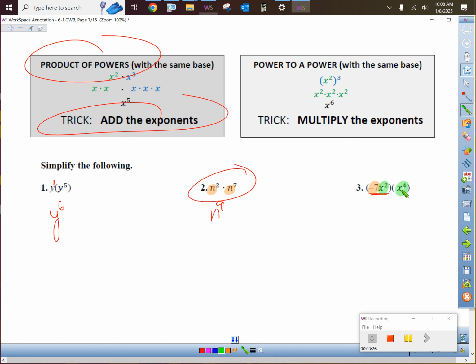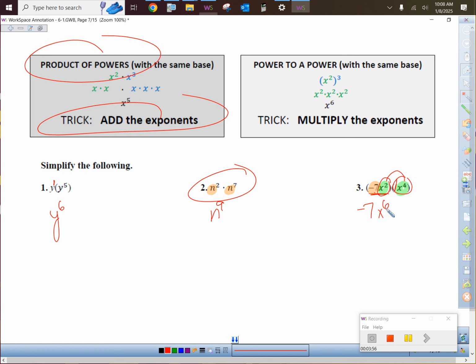So we're going to deal with the numbers first, then the x's next, then the y's and the z's and whatever letters, one at a time. So -7 would be multiplied by this 1 over here. Isn't that still -7? We're just multiplying stuff together. And when we take x squared times x to the 4th, yes, we are multiplying those together, but what do we do with the exponents? We add them up, right? And we get x to the 6th.